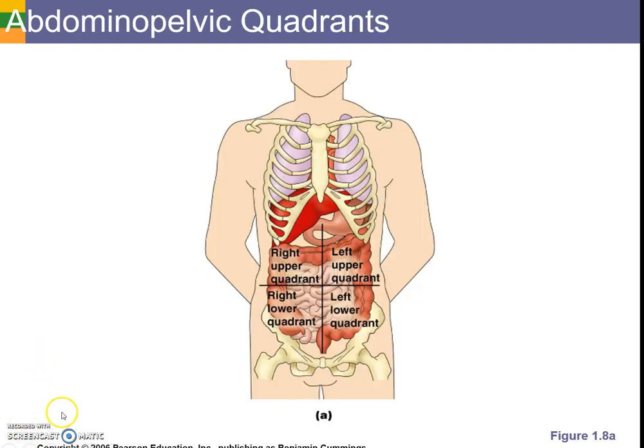We can actually divide our abdominopelvic area into quadrants, or 4 different parts. So one really important thing that we need to make clear here now is that when we say right, we mean the picture's right, the patient's right, the other person's right, not necessarily our perspective.